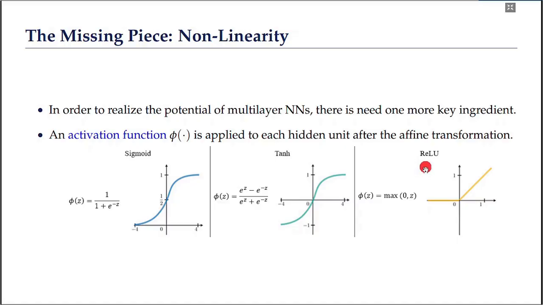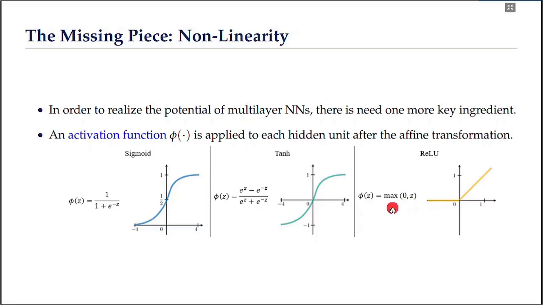For the rectified linear unit activation function, it sets all the negative values to 0; it takes the maximum of the input z or 0. So if there is any negative value, the output will be 0, otherwise the positive values are taken as they are.